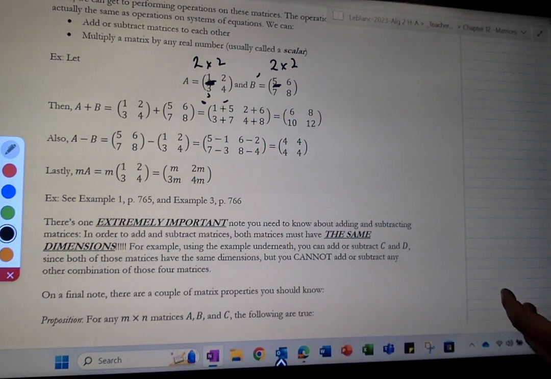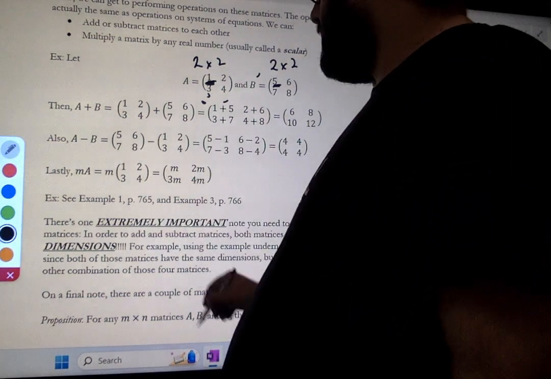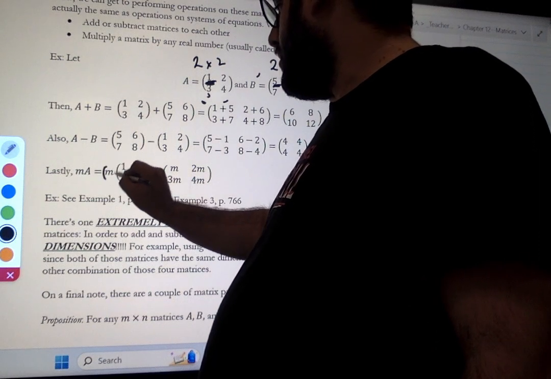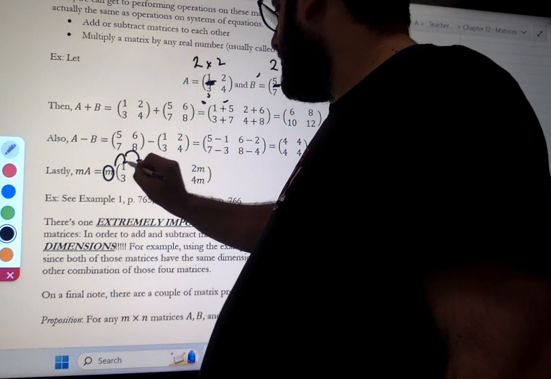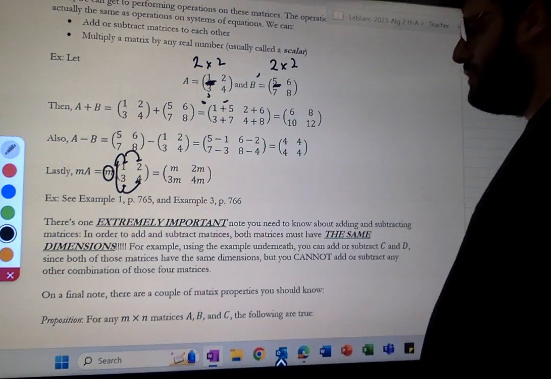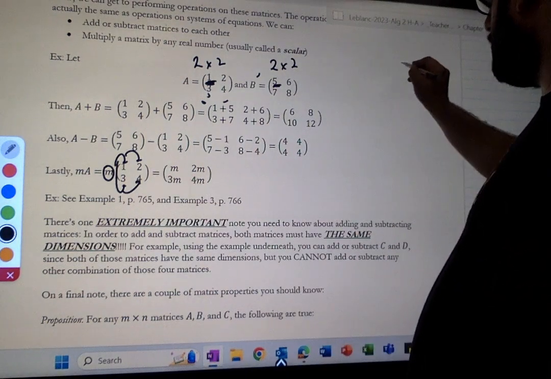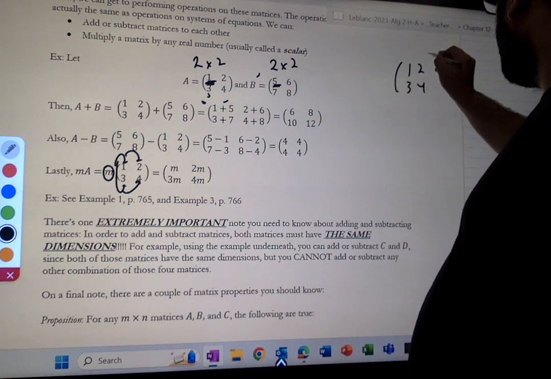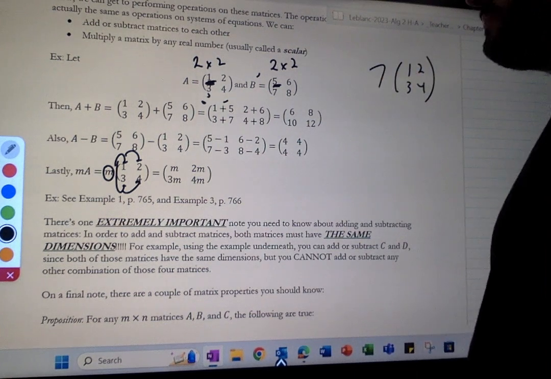Now, for scalar multiplication, all you're doing is taking this non-zero real number and distributing it to every element in that matrix. Okay? So let me give you an example. Let's say I take 1, 2, 3, 4, and let's say I want to multiply it by 7.